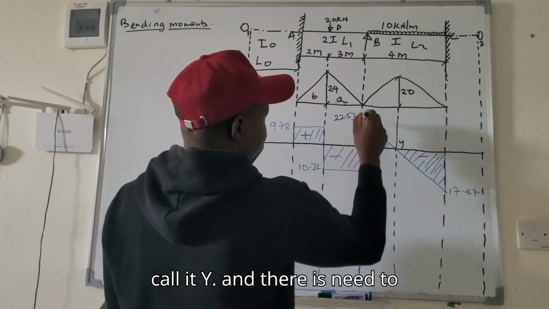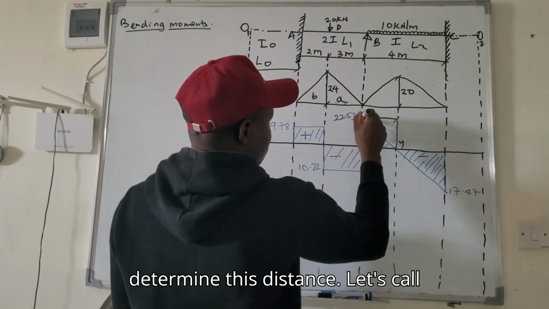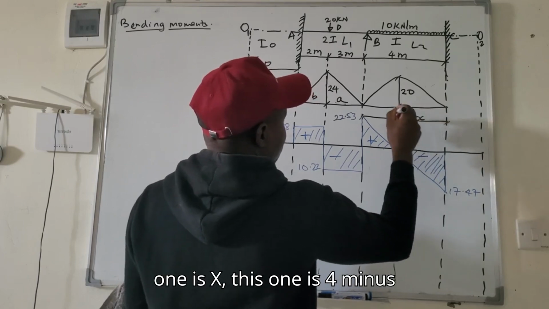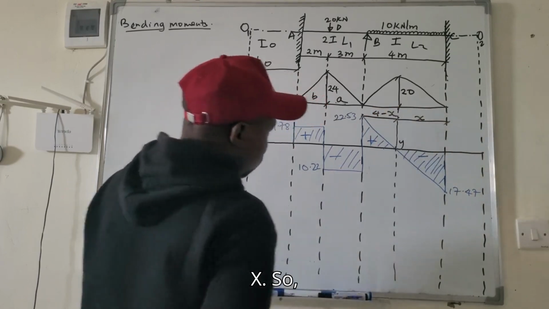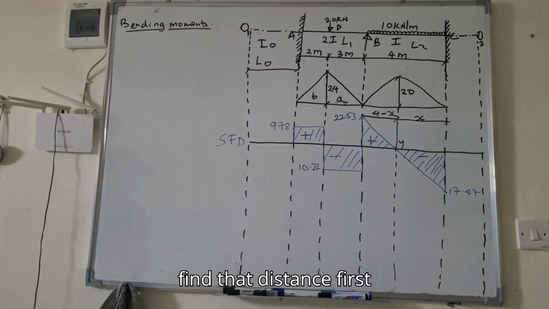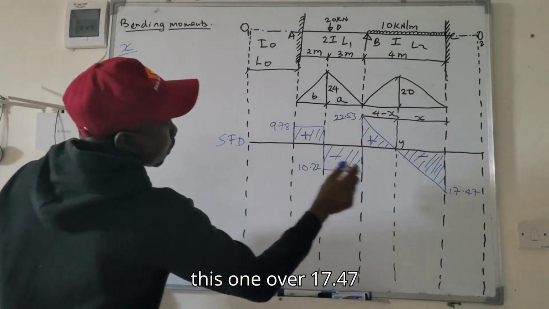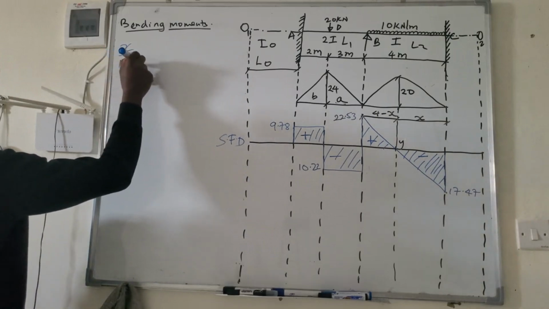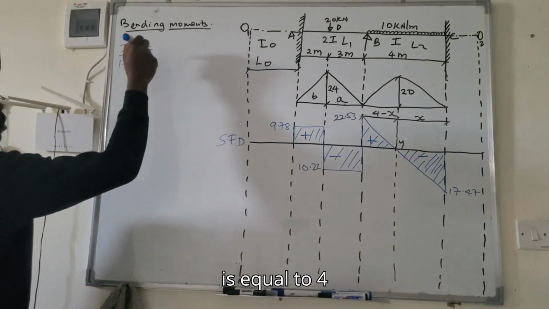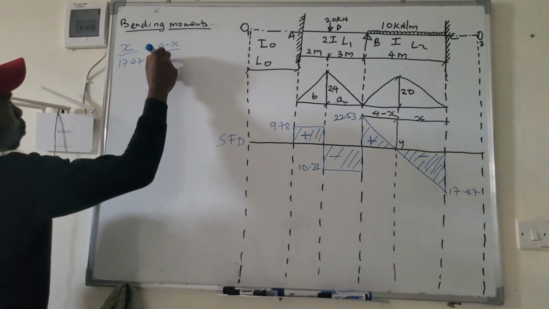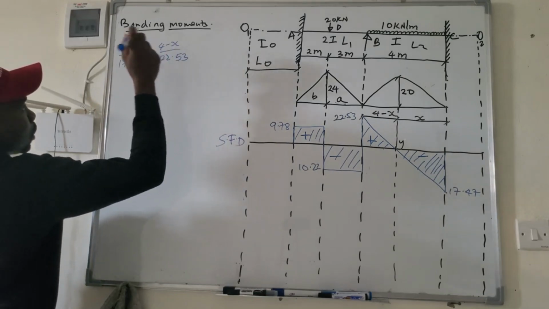Let's call it y, and there is need to determine this distance. Let's say this one is x, this one is 4 minus x. So find that distance first by saying that x over 17.47 is equal to 4 minus x over 22.53.